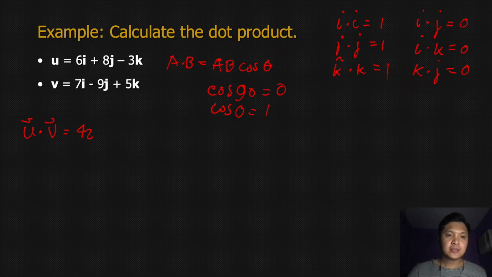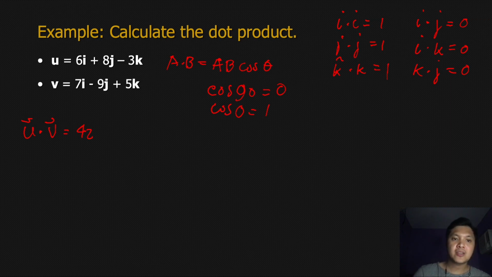So 6i and then negative 9j, i dot j is 0, therefore it's 0, so we don't have to write that. Similarly, 6i dot 5k, i dot k is 0, so again that's 0.